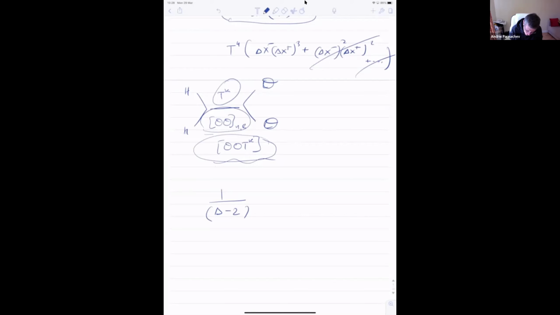I think the picture is that, from the stress tensor, you can ask a question: what happens when delta becomes an integer? There's a mixing of operators. Your multi-stress tensor has dimension, let's say 4, but at the same time the double trace operator made out of O also has dimension 4, roughly speaking.